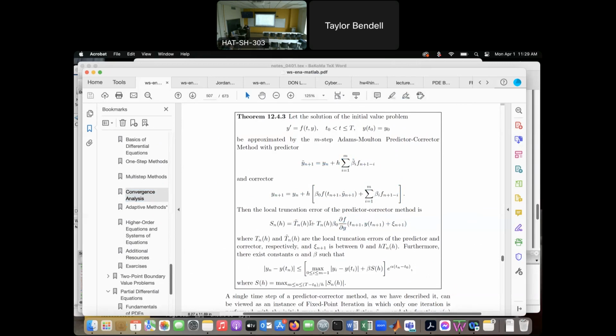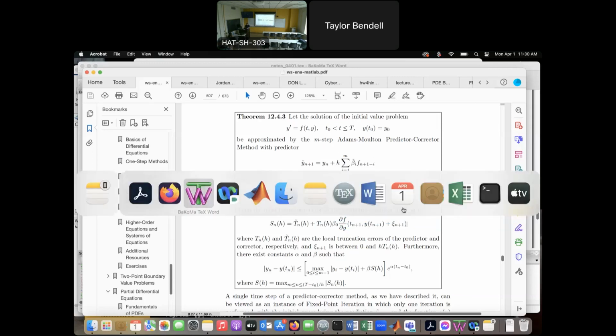Although this formula is slightly wrong, this term needs to have an extra factor of h in it, so it's on the list of mistakes that I posted. What that means is when you're using multistep methods in combination, it's important to make sure that they have compatible order of accuracy. And I'll just make a note of that here.